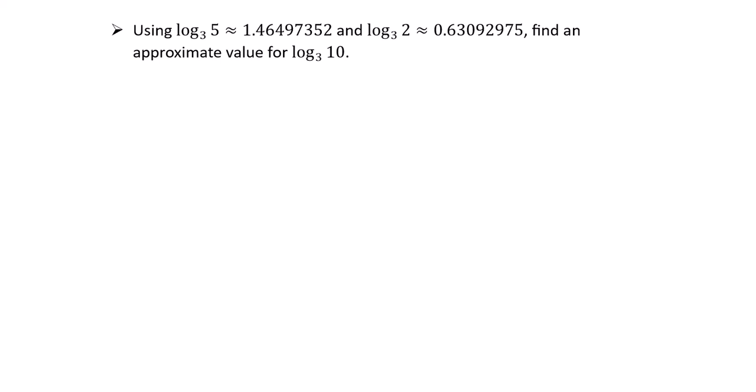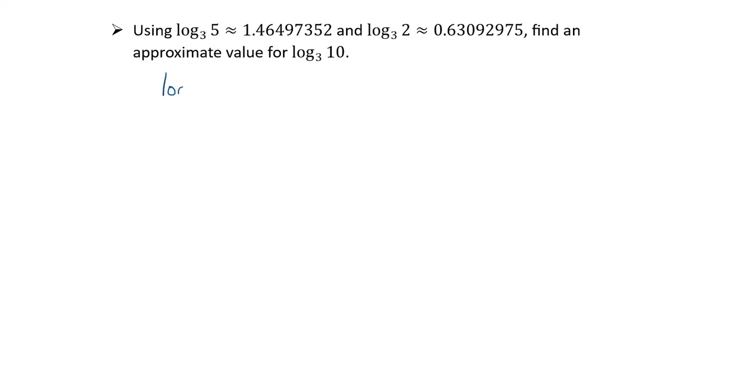Now, using log base 3 of 5 is approximately 1.464975352, and the log base 3 of 2 is approximately 0.63092975. Let's find an approximate value for the log base 3 of 10.